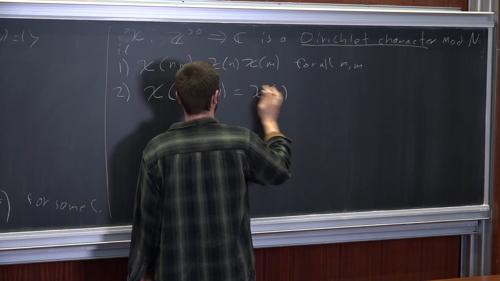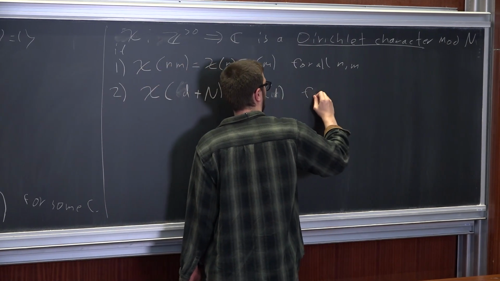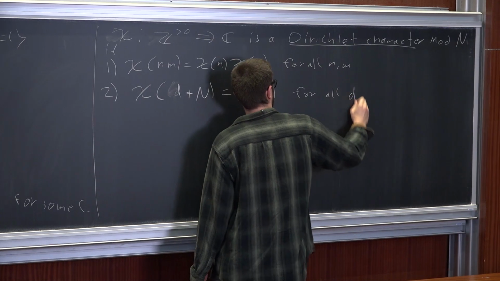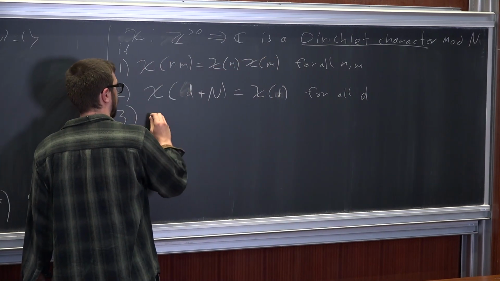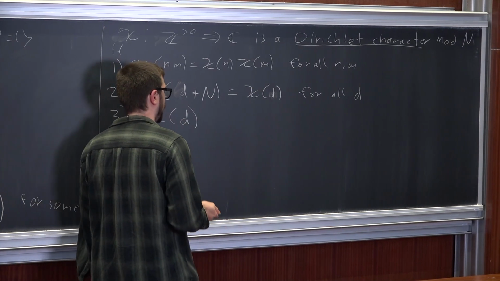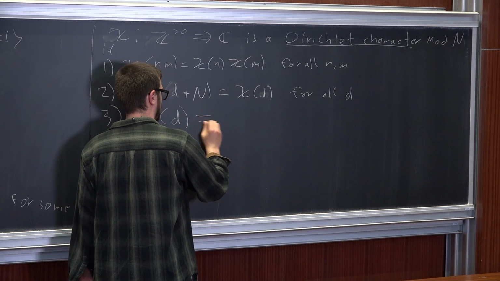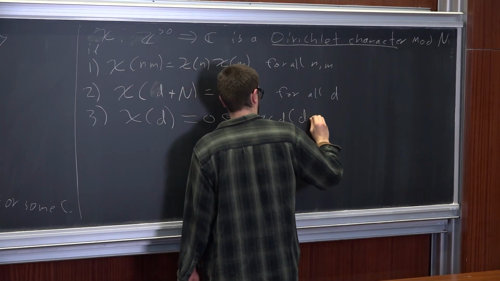We call that, maybe a little, chi of d plus n is equal to chi of d for all d. And 3 is that chi of d equals 0 if and only if GCD of d and n is 1.